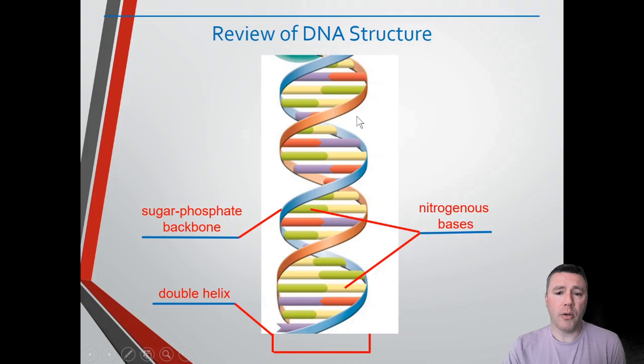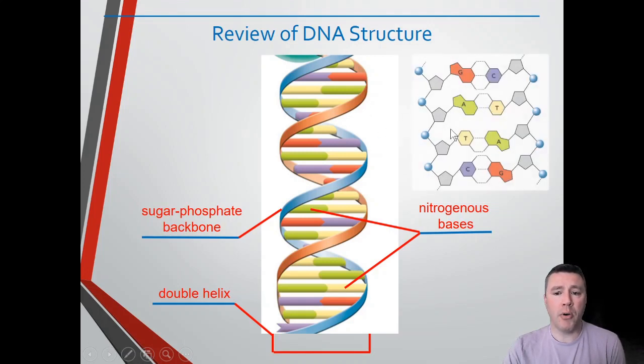Now, this model doesn't really identify each individual component as well as this model does. You may remember this from the previous video. They're showing the sugar phosphate backbone as simply one continuous piece, but in reality, the sugar phosphate backbone is a repeating sequence of sugars and phosphates and sugars and phosphates, and so on.